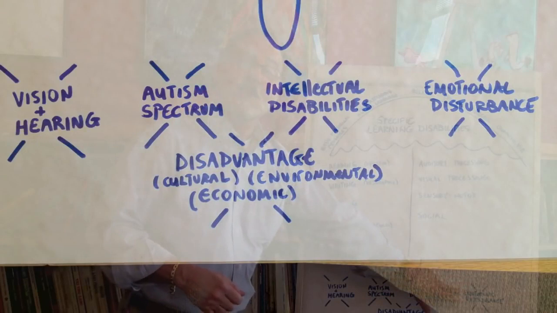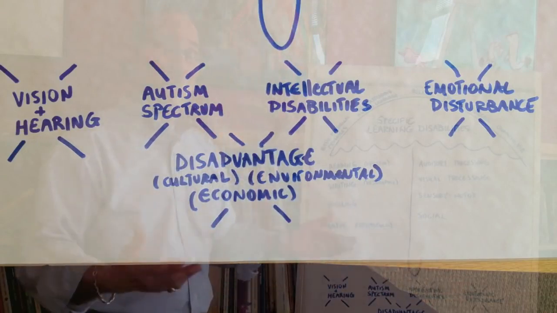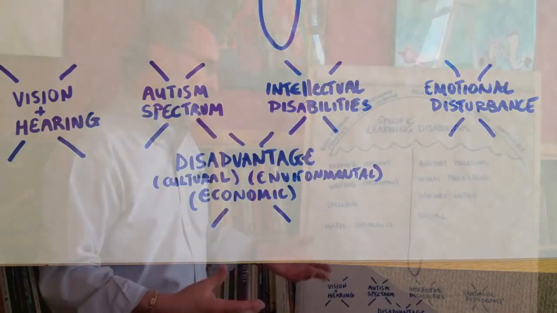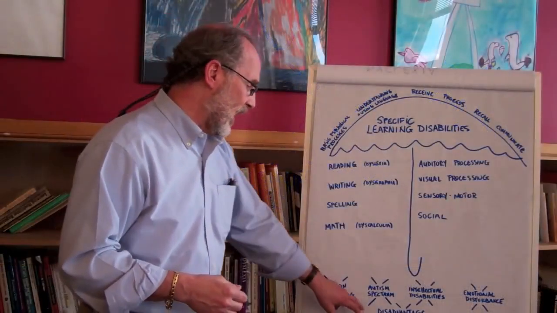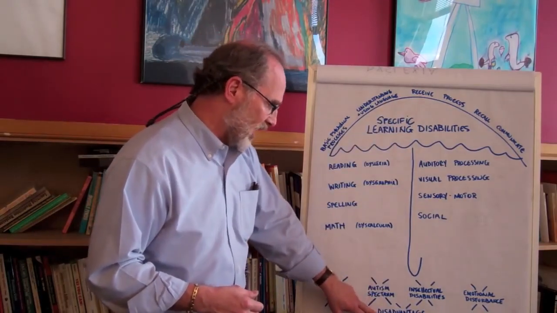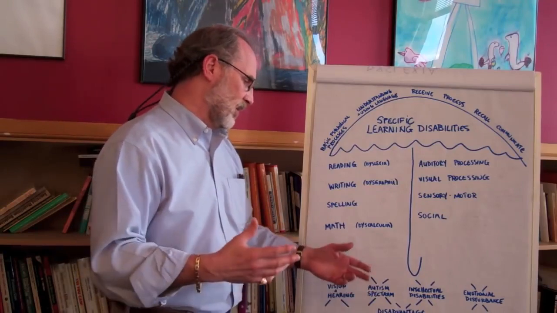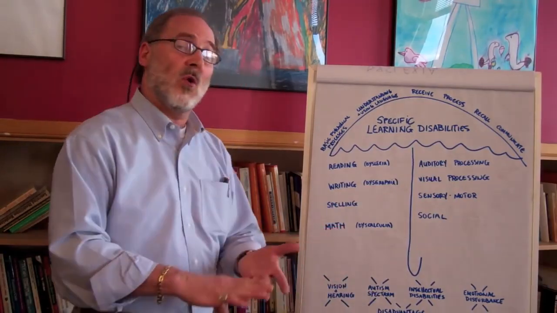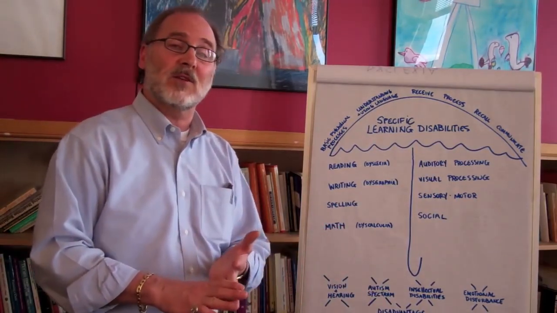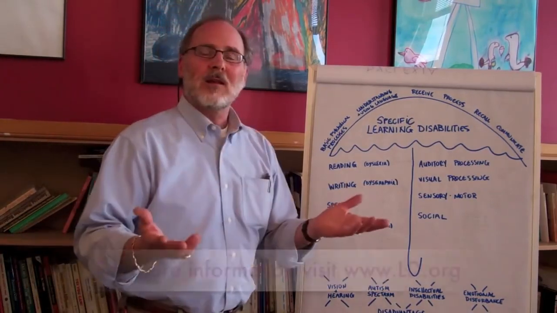They're not consistent with, or the same as, or interchangeable with emotional or mental health kinds of issues, emotional disturbance. And very importantly, learning disabilities are not the result of disadvantage. So for example, cultural, environmental, or economic disadvantage are not the causes of learning disabilities.